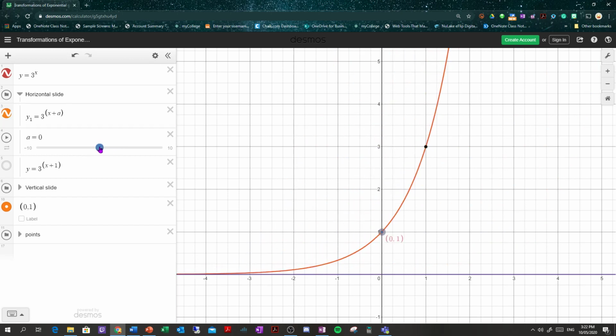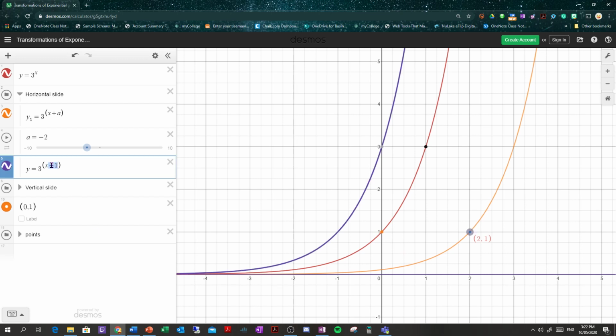So for example, if we want to move the graph to the left one, to -1, then it looks in the equation as +1. So left one goes into the equation as +1. If it's a slide to the right 2, then that goes in as a -2.